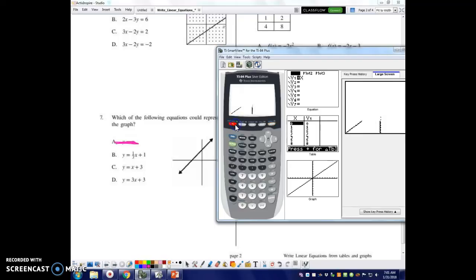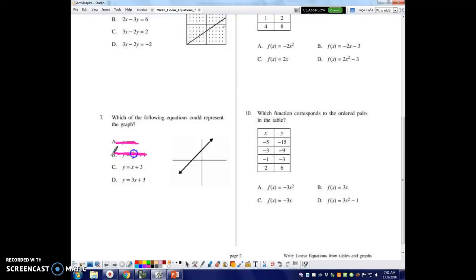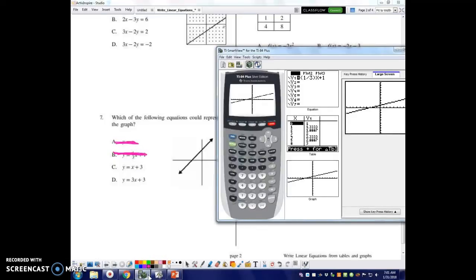Y equals 1/3 x plus 1. No, that's not looking like it either. Nope, nope, not looking like it at all. Okay, x plus 3. Maybe, that looks right.